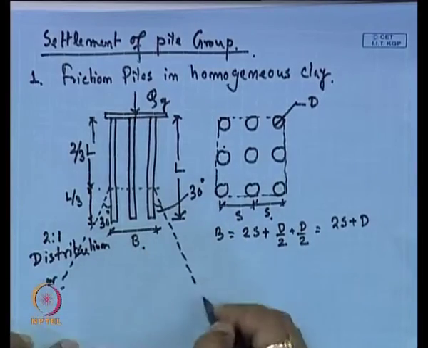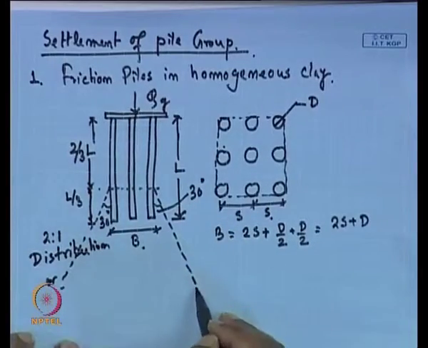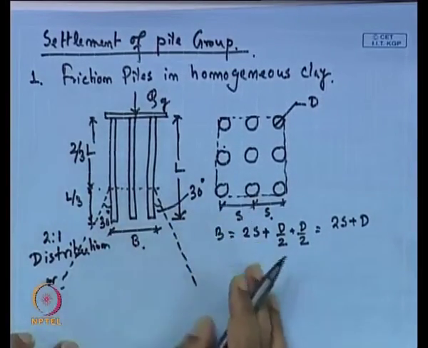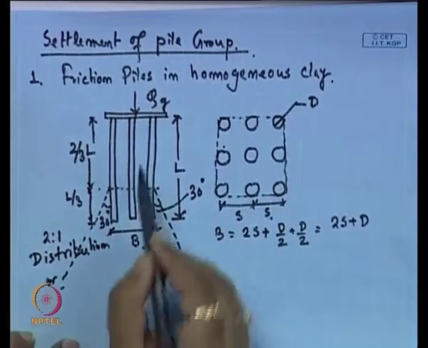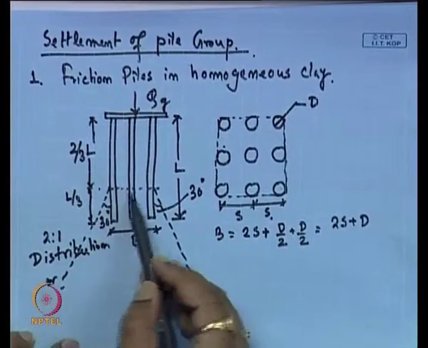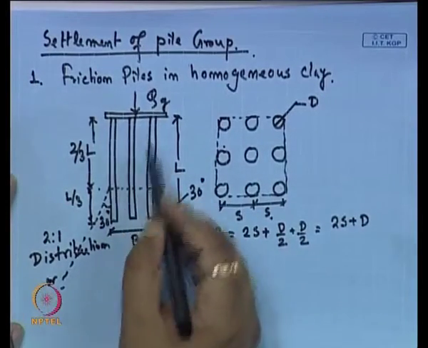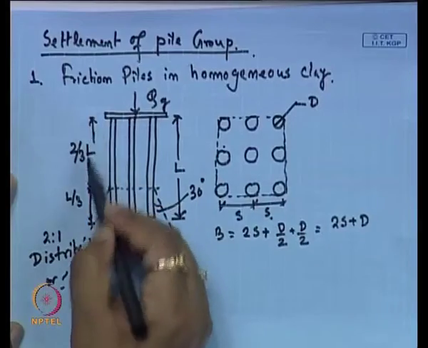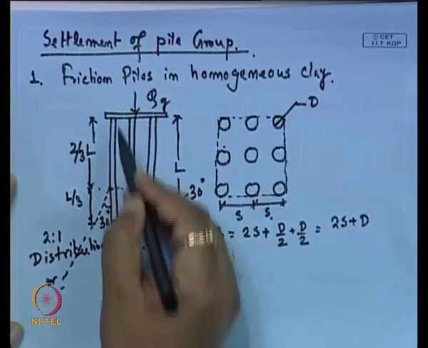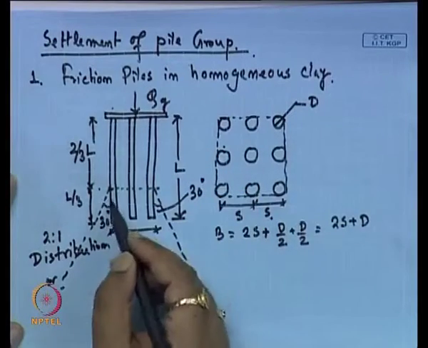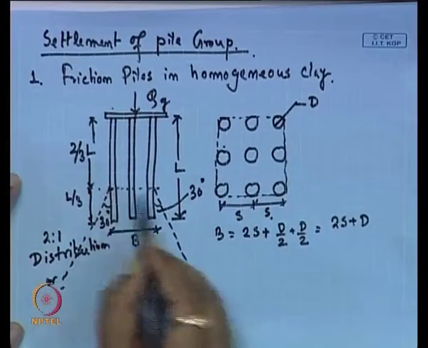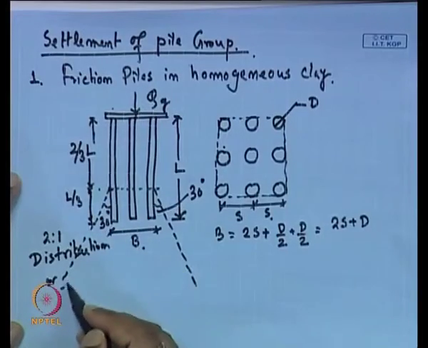Now, up to how much do you have to consider this? It is the same technique of settlement calculation as for, say, a raft foundation or mat foundation placed at a depth of 2/3 L from the top of the pile, with load Q g acting on that raft, and width of this raft B, over which this load is distributed.